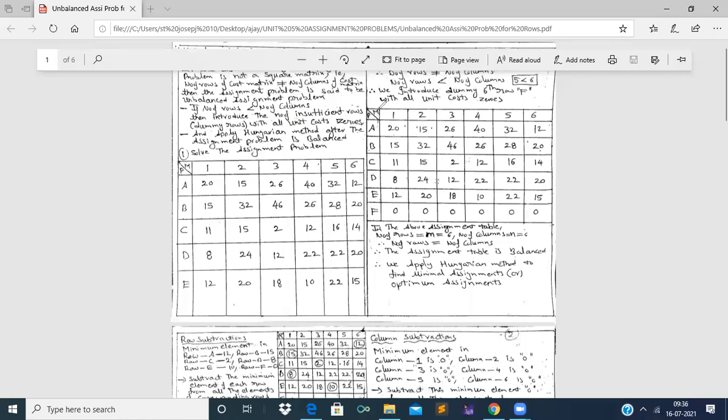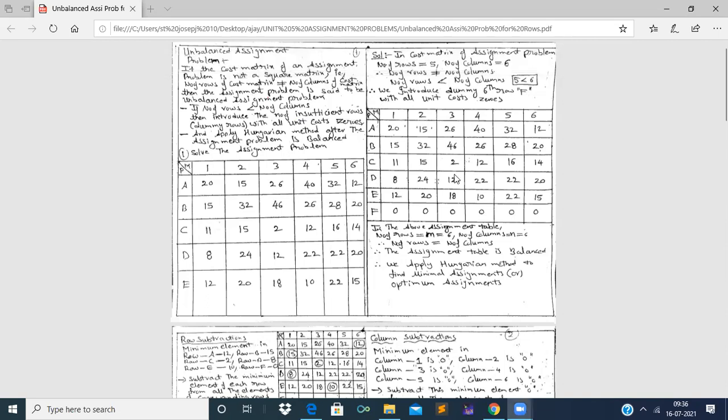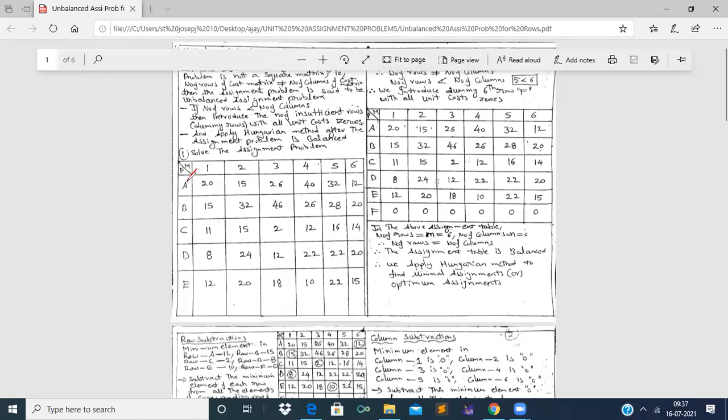Now let us proceed further. Next, see here, it is the solution part and it is the question. Solve the assignment problem. If you observe carefully the cost matrix, here I am putting the star marks of the cost matrix.